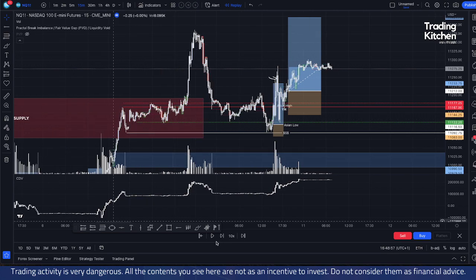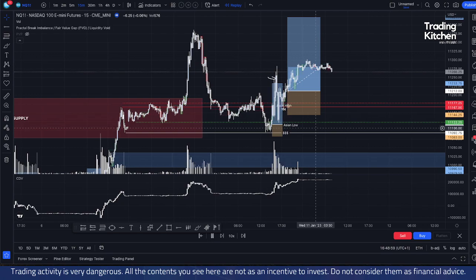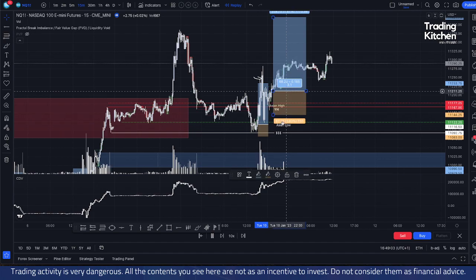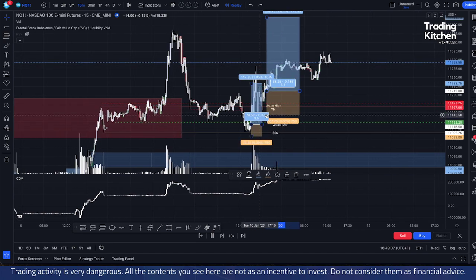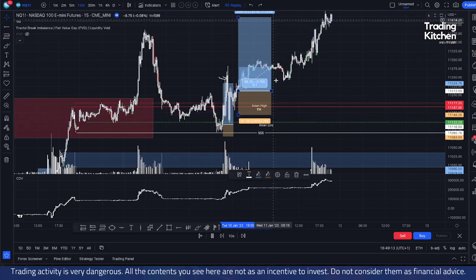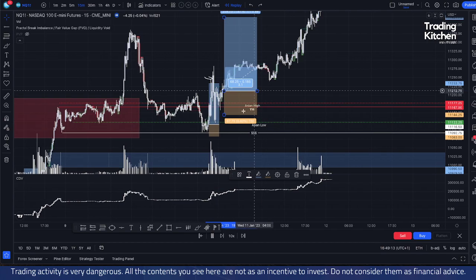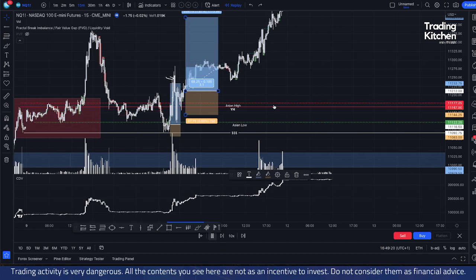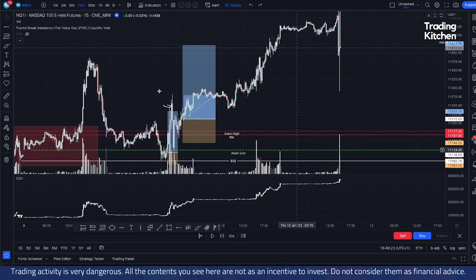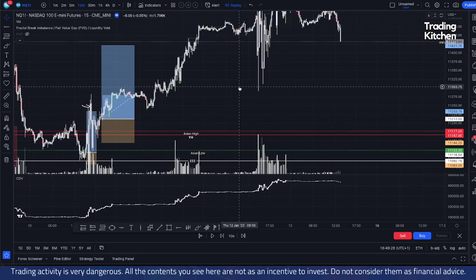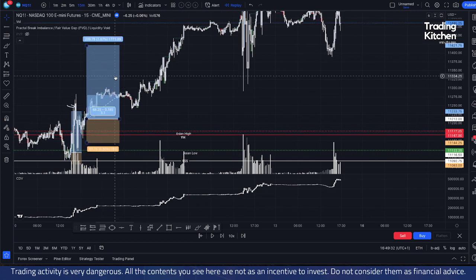Anyway, let's see if I move this trade to break even, and let's have a look if we're going to have a TP. And yes, so on the first week of January, following this strategy, we have 2, 3, I don't remember, stop losses, and a good 1 to 3 risk to reward ratio.